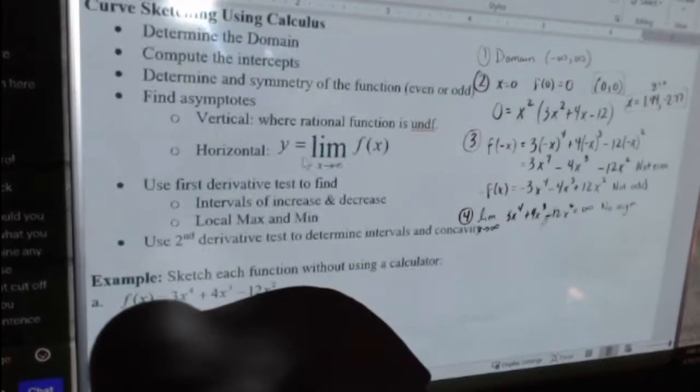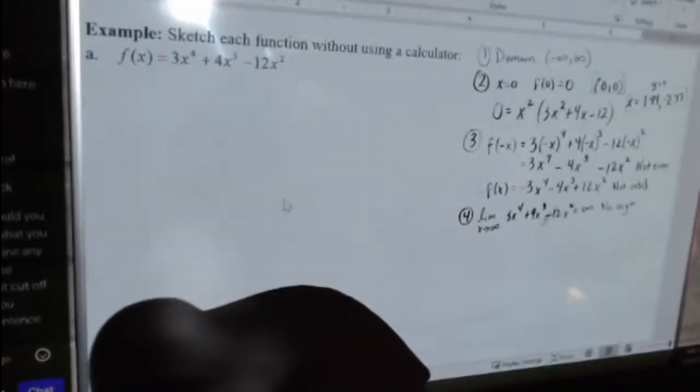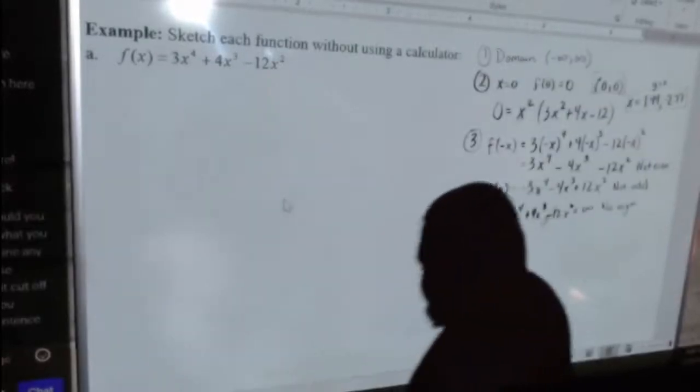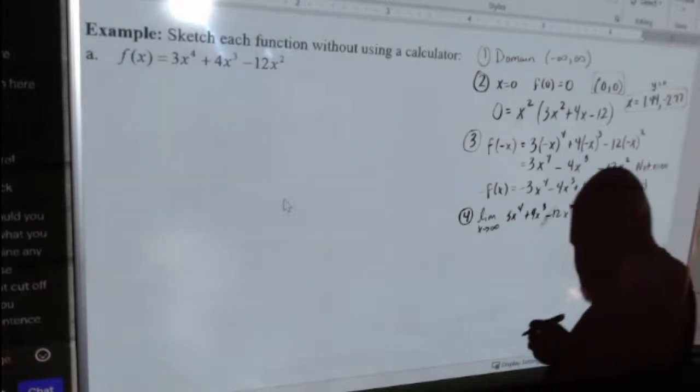Next part says, okay, now start using the first and second derivative tests. All right, fantastic. So first derivative, not too bad. Let's do that.